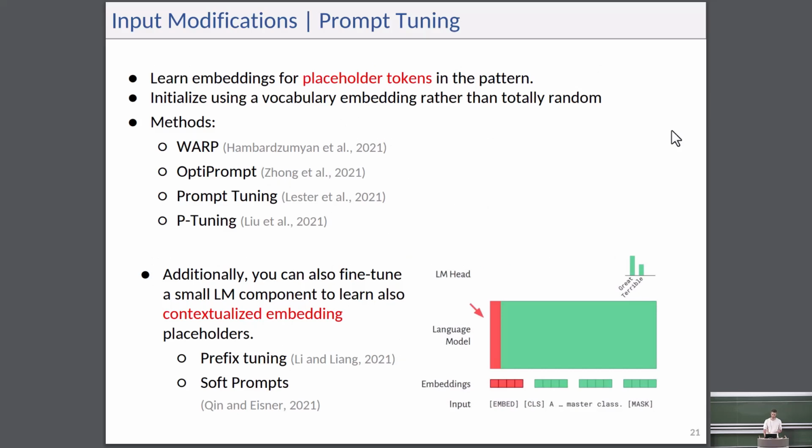Okay, then prompt tuning. As I said, we are not looking for words that are ideal to have in the prompt, but rather continuous vectors that facilitate even more the language model to locate the task. In this case, we have what we call placeholder tokens, this red vector at the beginning of the input sentence, which is usually initialized with a vocabulary instance.